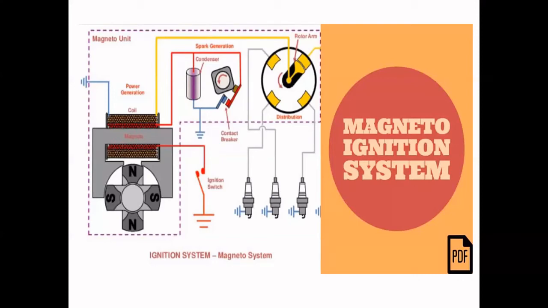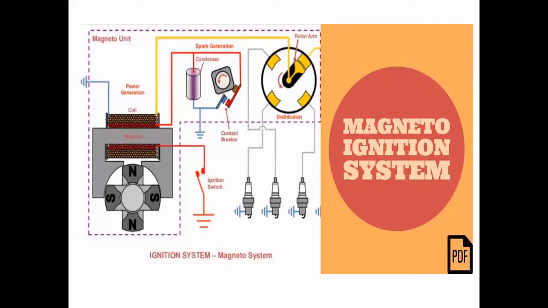Another important component which you are going to see here is the distributor. It is just like a circle, and at the center you can see a rotating element. This rotating element is directly connected to the coil with the yellow line.